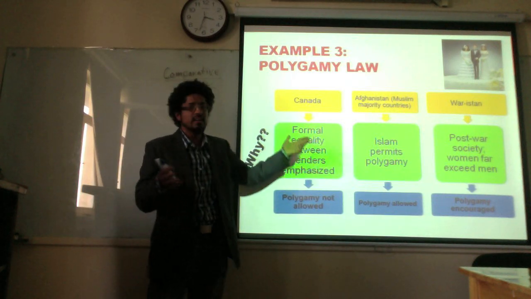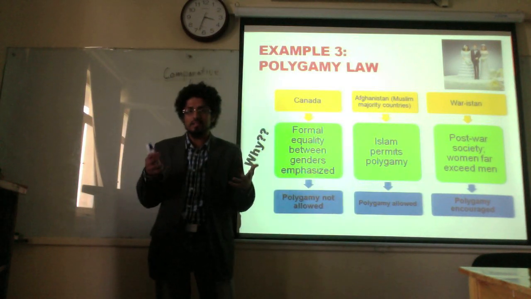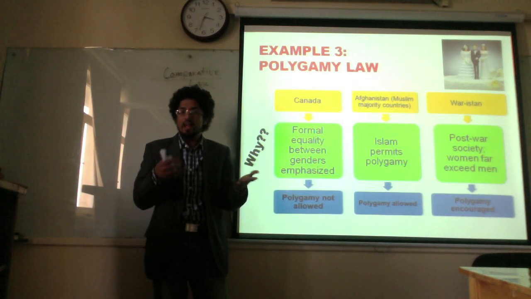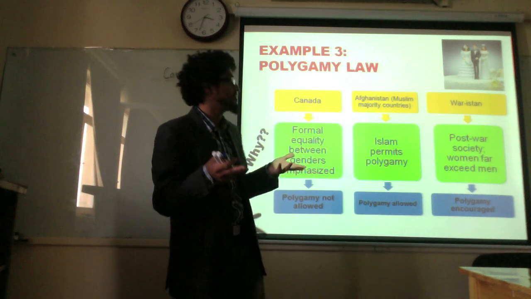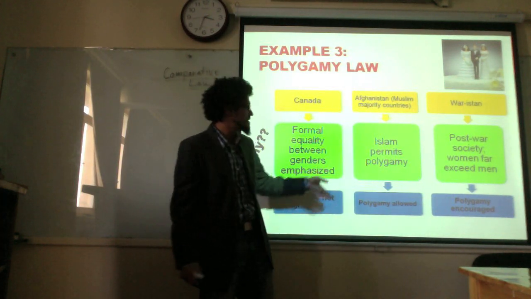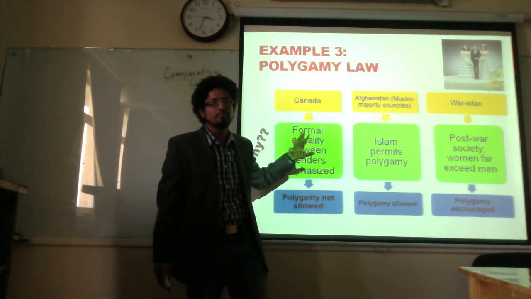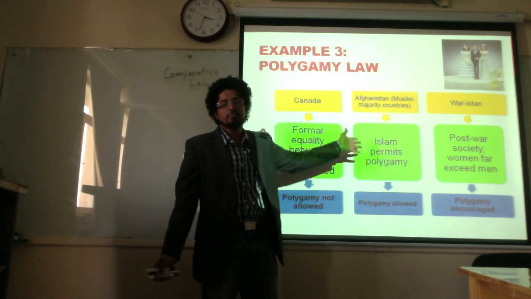In Afghanistan, and in many Muslim majority countries, there is an emphasis that Islam permits polygamy, albeit with certain conditions. Those conditions are very important, and you discuss that in some detail in the family law course. Here I just want to survey points. We don't want to get into a huge discussion on it, but we'll just say Islam permits polygamy and there are conditions with it.